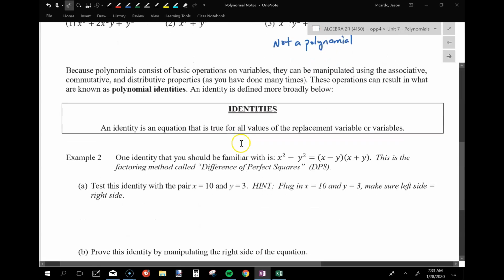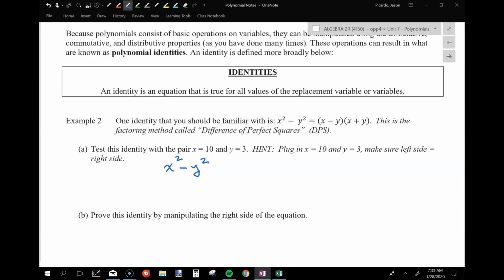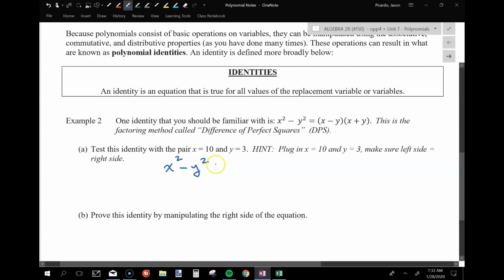So for example, if I said x squared minus y squared, based on last unit and previous units, wouldn't you agree that that's a difference of perfect squares? What makes it a difference of perfect squares? How many terms? 2. What am I doing to them? Subtracting. And all the powers are even, so they must be perfect. So this is one of those problems that I could factor into what? x plus y and x minus y, like that.